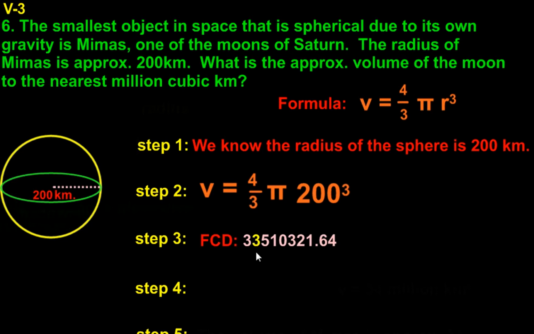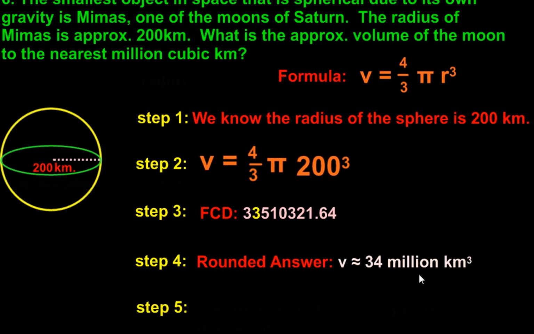The 3 is in the millions place. So we have to think about that 5 and what that's going to do to the 3. So obviously the 5 is strong enough that it's going to bump the 3 up to a 4, and that's going to give us 34 million. And we don't need to go any farther than that because we were told to round to the nearest million cubic kilometers. So the volume is approximately 34 million kilometers cubed, or cubic kilometers.